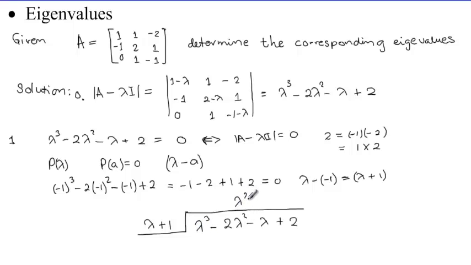You can write here lambda squared, multiplying there, we get lambda cubed plus lambda squared. Then we subtract this from the expression there.